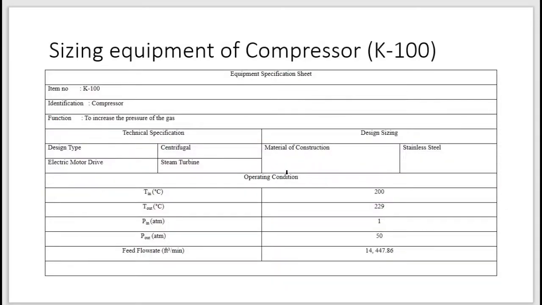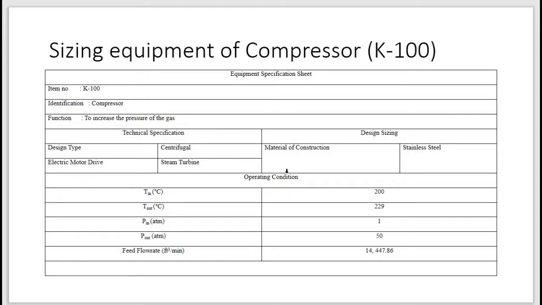The next one is the compressor. The compressor is necessary as it is one of the criteria for the materials before they go to the reactor: the pressure needs to be increased.